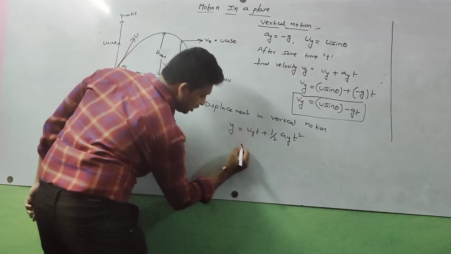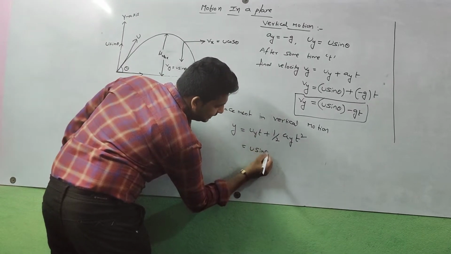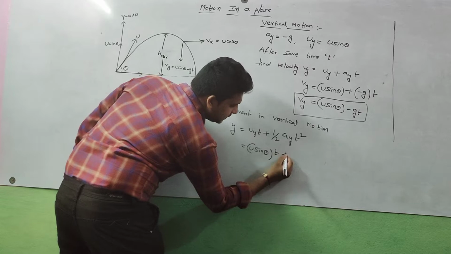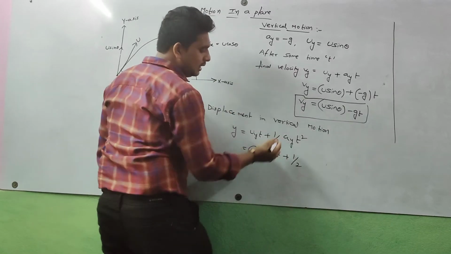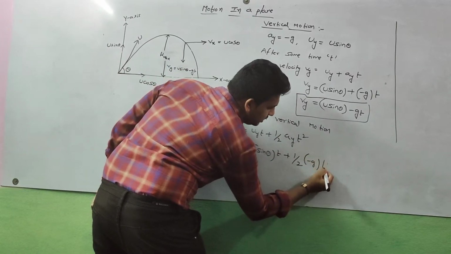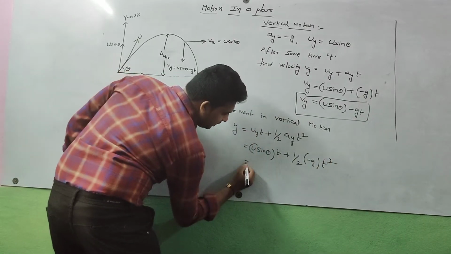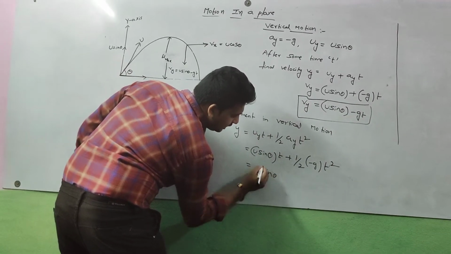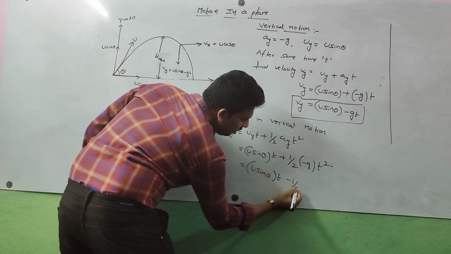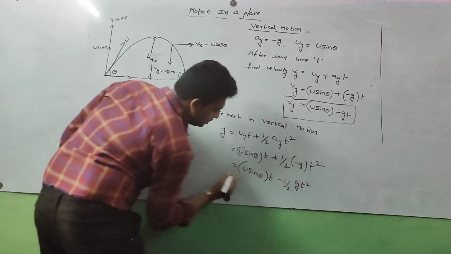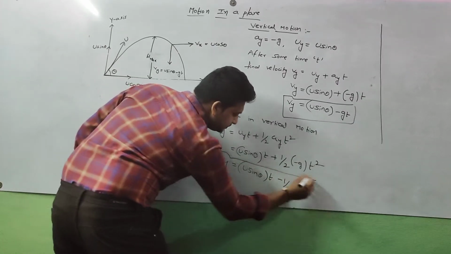Here uy means u sin theta into t plus half into ay means minus g into t square. From this we got u sin theta into t minus half gt square. So this is the y value we got. Call it equation 1.